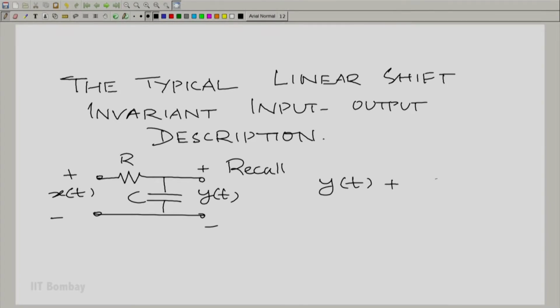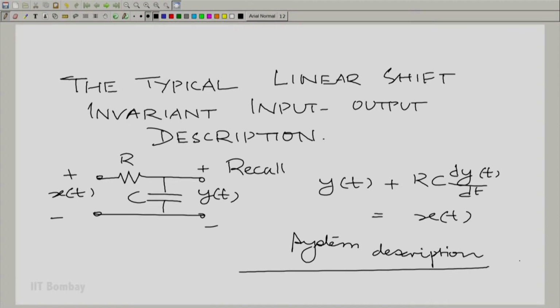The current is C times dy(t)/dt multiplied by the resistance gives you the voltage across the resistance, and the capacitor voltage plus the resistor voltage is equal to the input voltage. So, this was what we called the system description for the RC circuit. Of course, we could always abbreviate, we could say RC is equal to tau, and therefore, we could replace this by y(t) plus tau times dy(t)/dt is x(t).